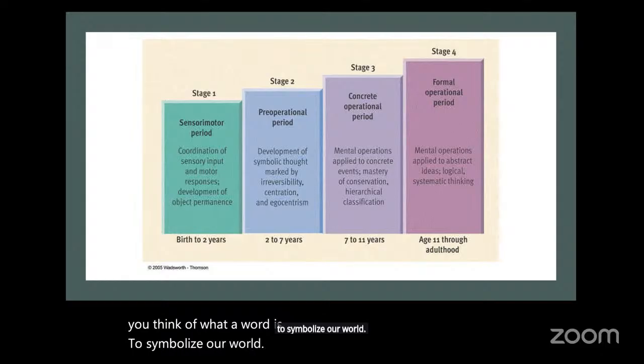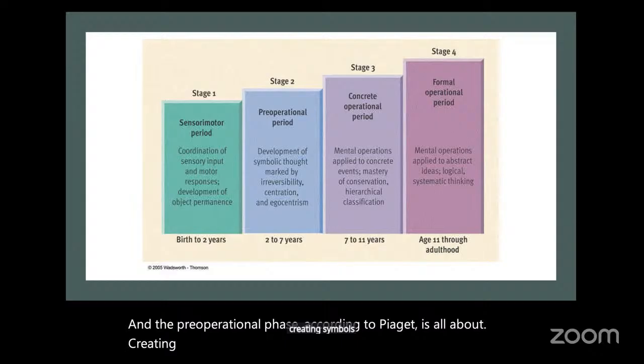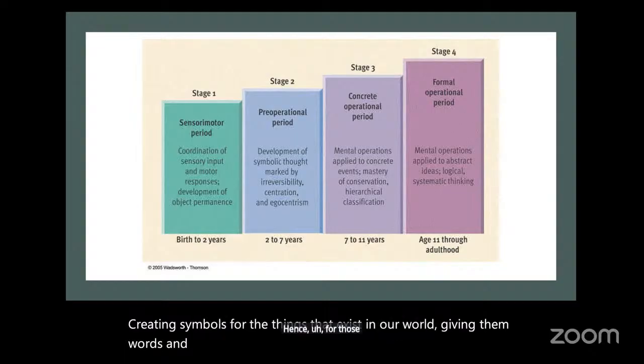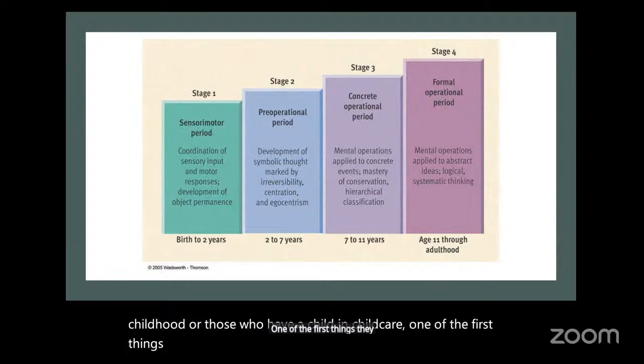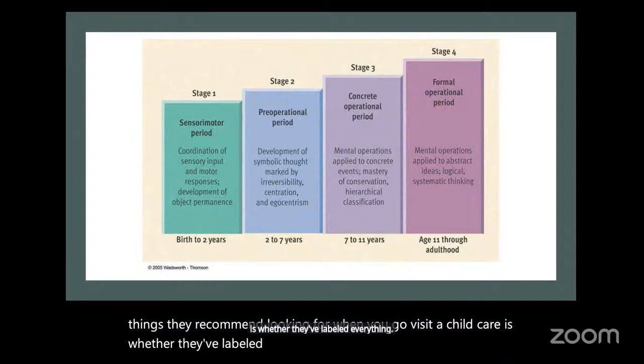And the pre-operational phase, according to Piaget, is all about creating symbols for the things that exist in our world, giving them words and labels. Hence, for those who are going into early childhood or those who have a child in childcare, one of the first things they recommend looking for when you visit a child care is whether they've labeled everything.